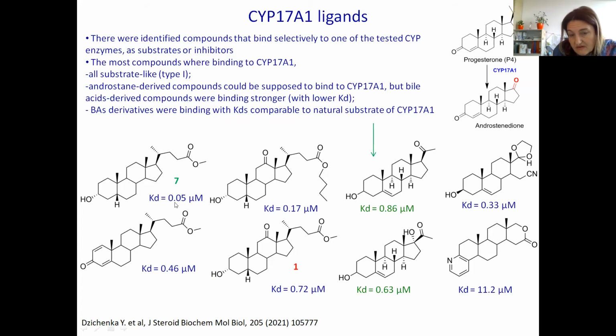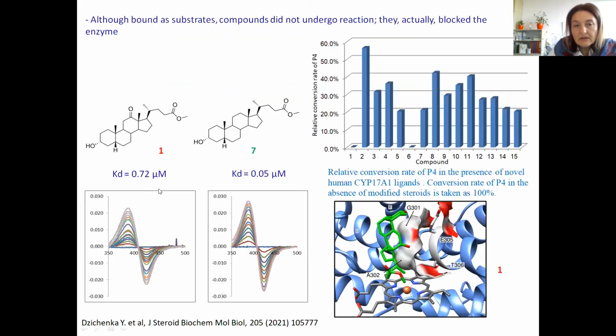Some of the bile acid derivatives were binding even with bigger affinity, as this compound 7. So although bound as substrates, they didn't undergo reaction. They just were bound to the enzyme, and in that way they actually inhibited the enzyme for its activity.